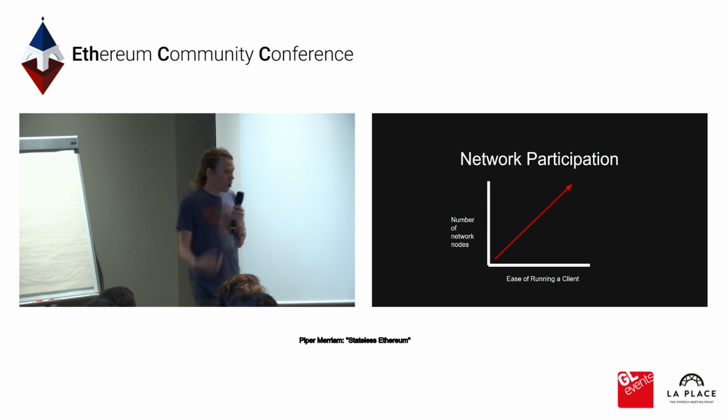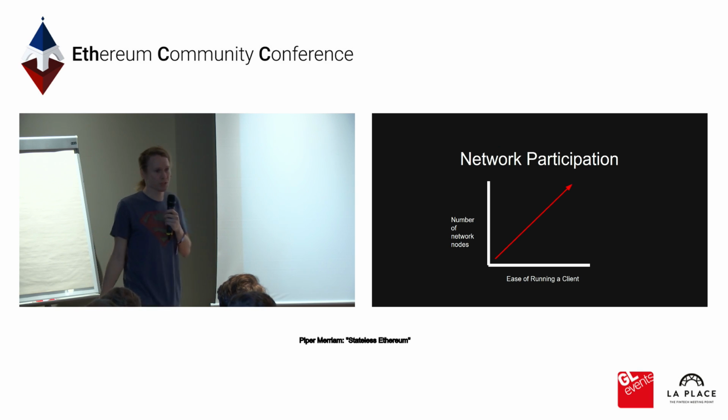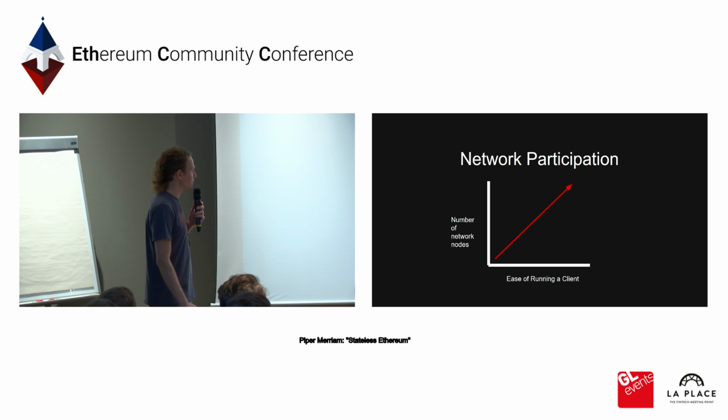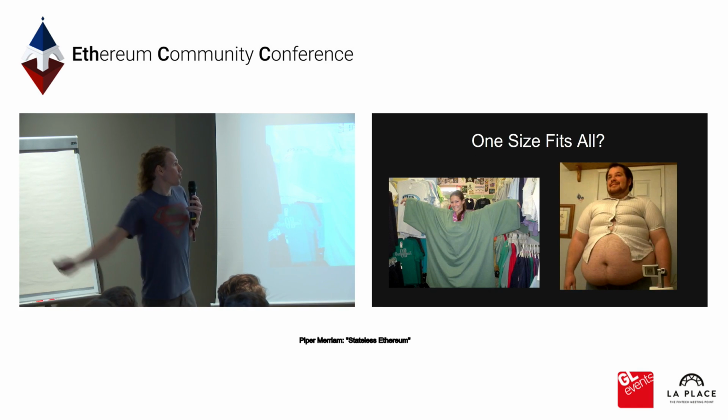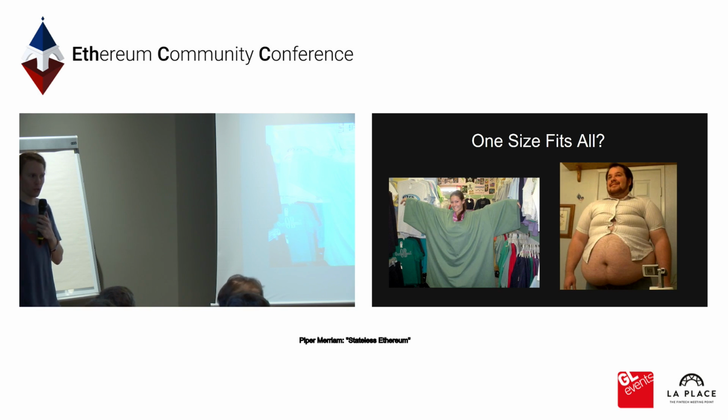Similarly, if it is hard to run a client, less people do it. If it is easier to run a client, more people do it. So we can get bigger and better network participation under this model if the hardware requirements for participating in the network are lower. Also, we can get rid of the one-size-fits-all model. Right now, you have one choice, the full node, and that is your choice.